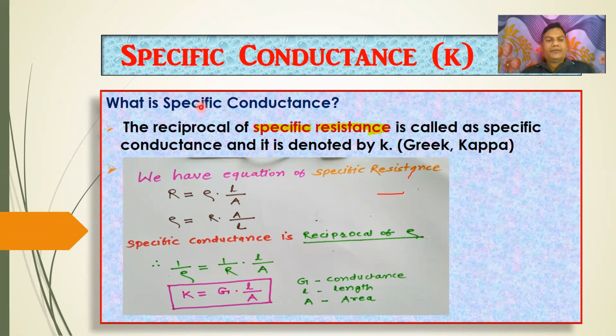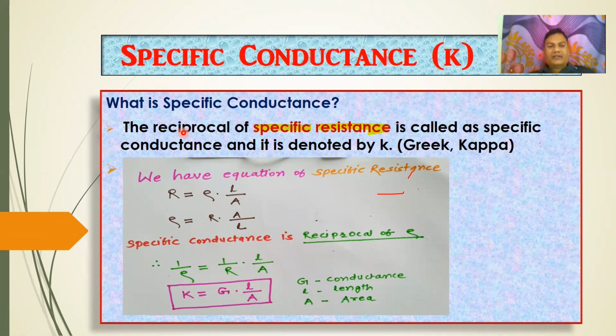The reciprocal of specific resistance is called specific conductance. It is denoted by K, the Greek letter known as kappa.